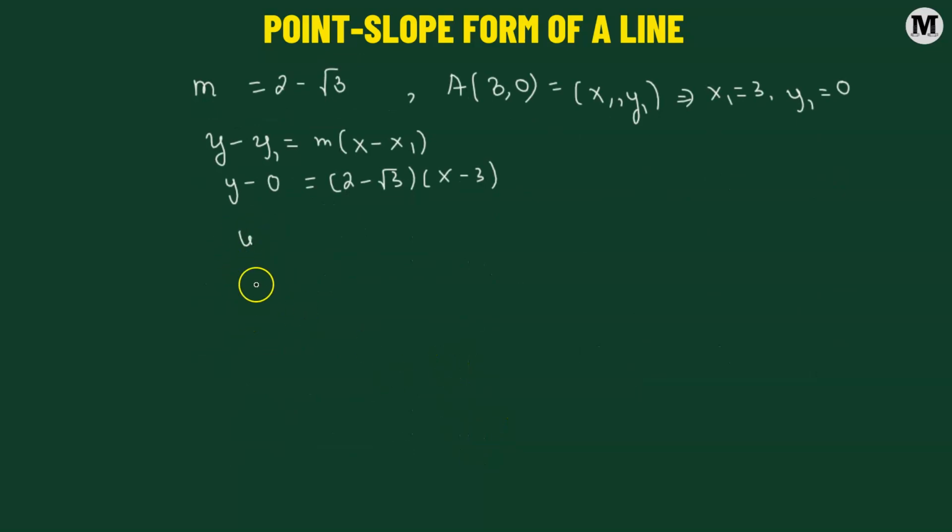Let's further simplify. We get y equals 2 times (x minus 3), which gives 2x minus 6, then negative square root of 3 times x plus 3 times square root of 3.